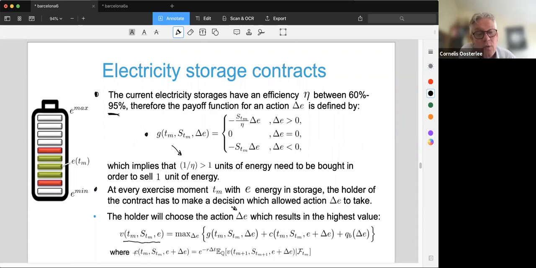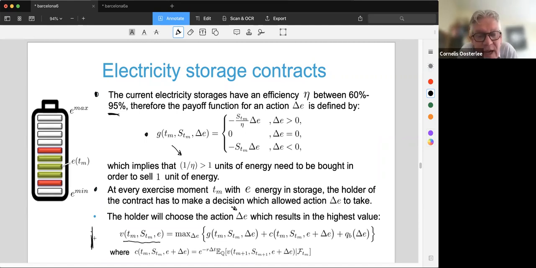So the continuation for E plus delta E energy units is the discounted expectation under the measure Q of the value of the option at the later time with the same number of energy units. So slowly you see the Bermudan option features appearing, right?